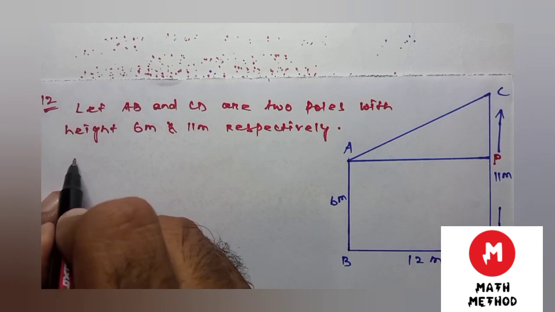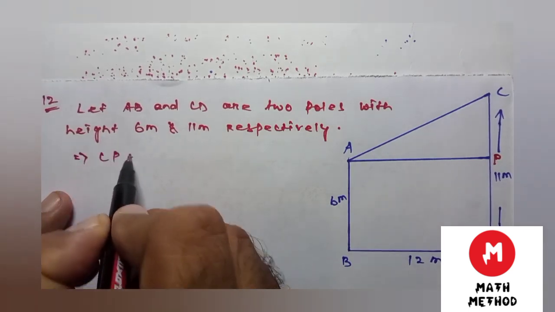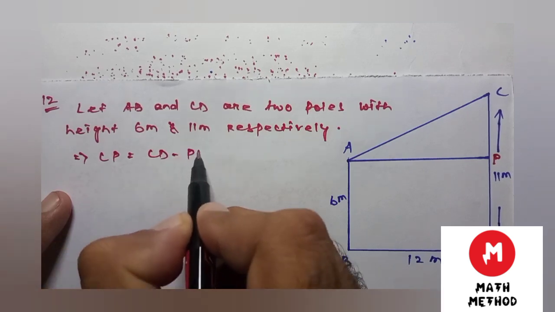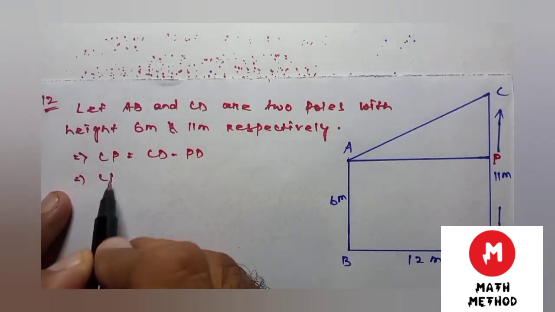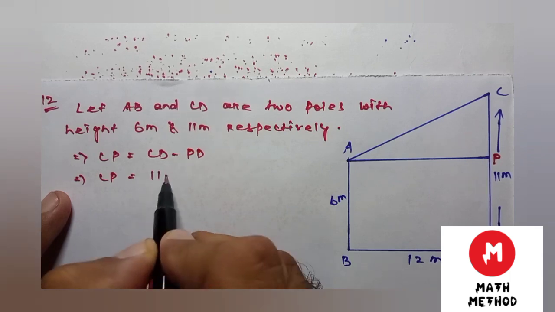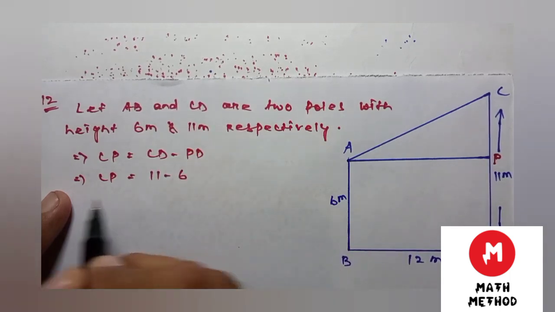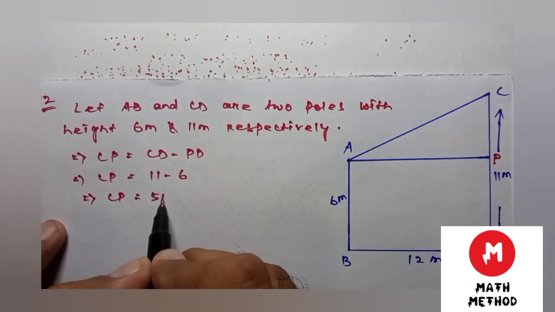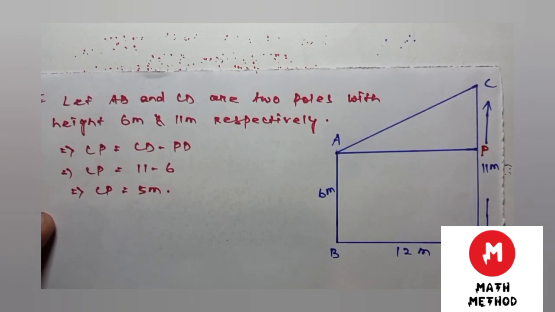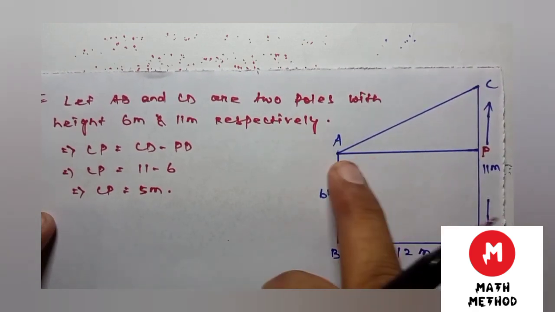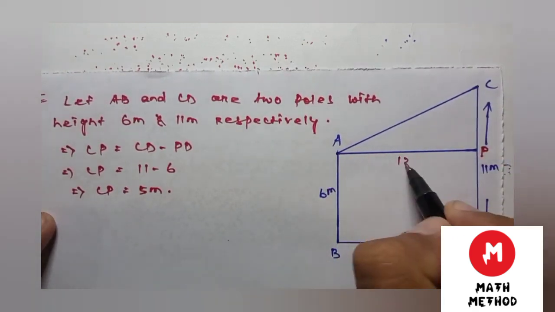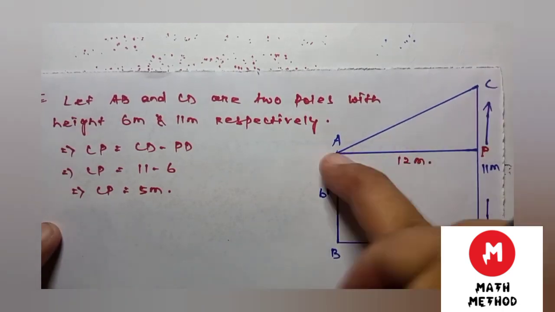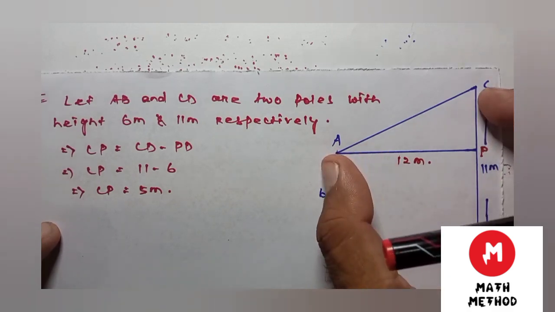So here implies CP is equal to CD minus PD, implies CP is equal to 11 minus 6, implies CP is equal to 5 meters. So we found that CP is equal to 5. So here AP is also 12 meters. Clear? Now we will find AC, the distance between the tops of the two poles.